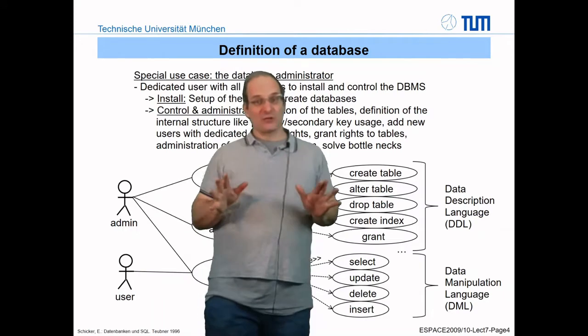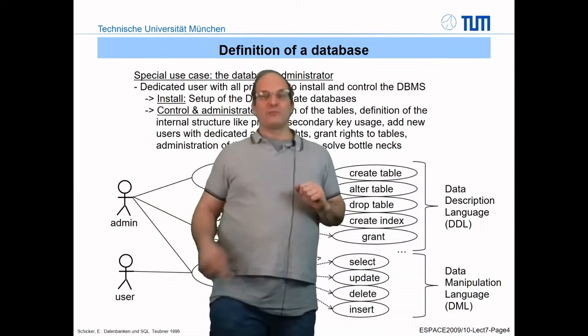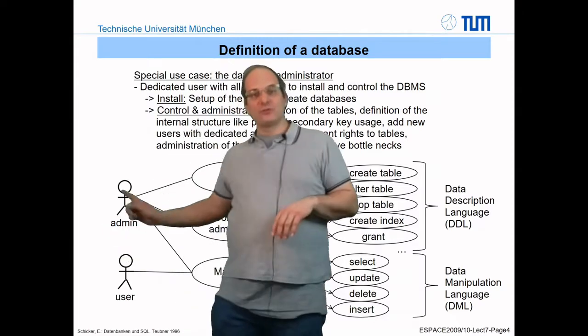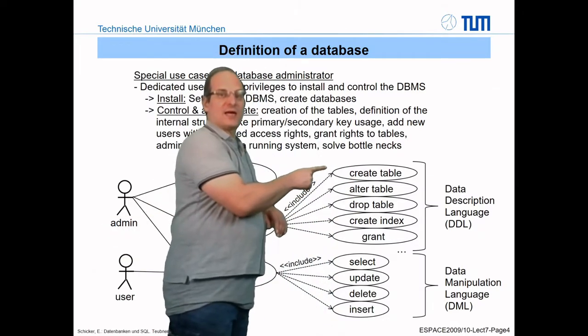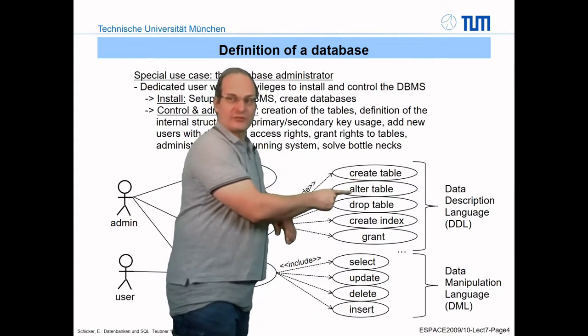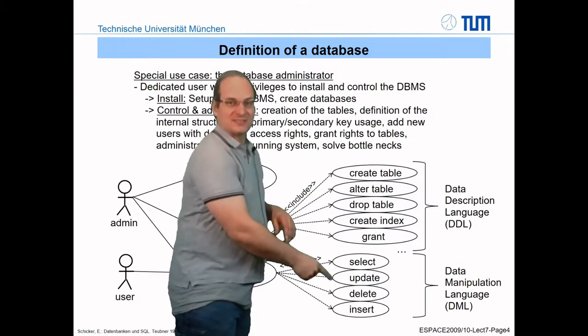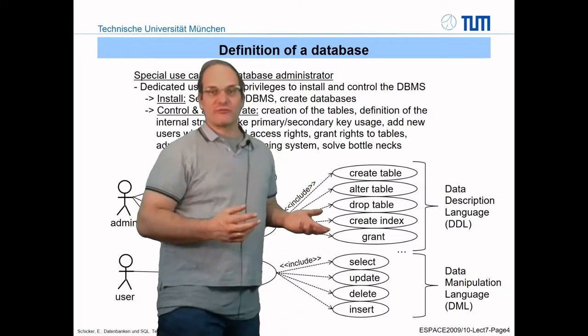It depends on how you structure things, but usually you split it into these two user actors. And then an administrator can create tables, can alter tables or drop tables. So this is the same as what you can do here for tables, for the general structure of tables.